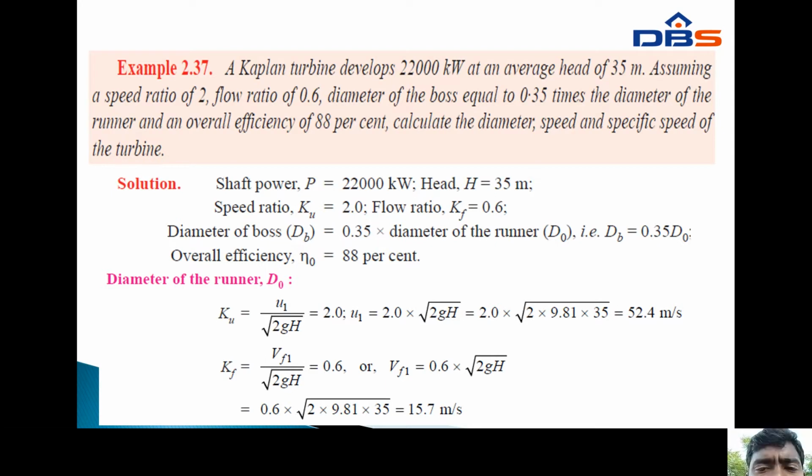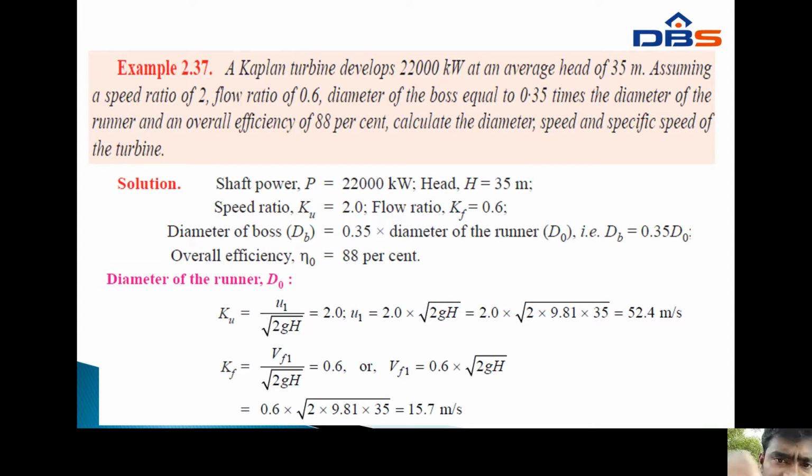Next, the diameter of the boss dB equals 0.35 times the diameter of the runner d naught, that is dB equals 0.35 d naught. This condition is given in the problem. Next, the overall efficiency equals 88%.